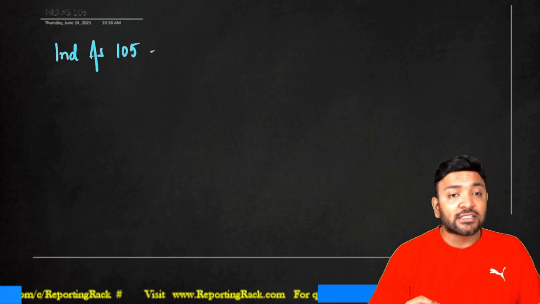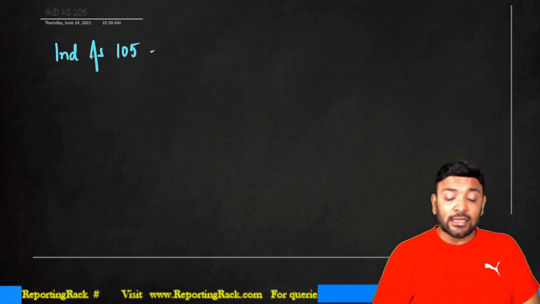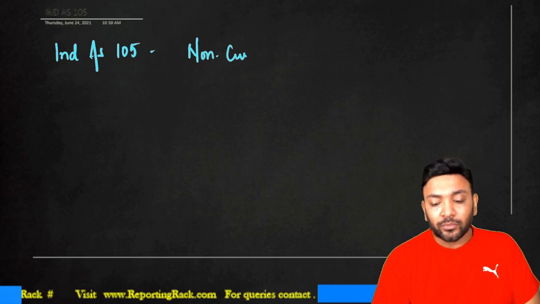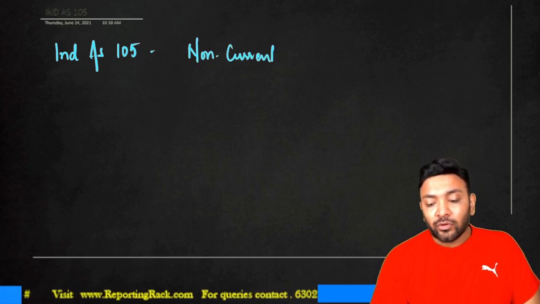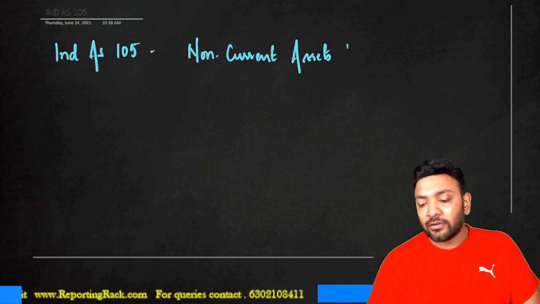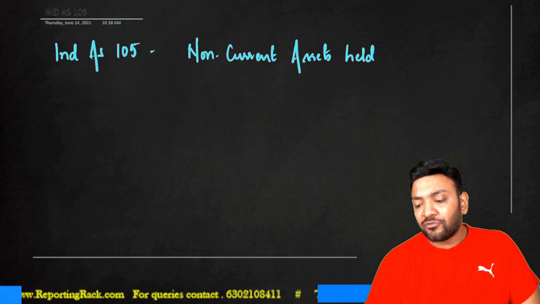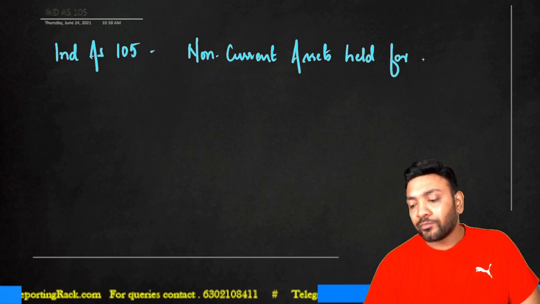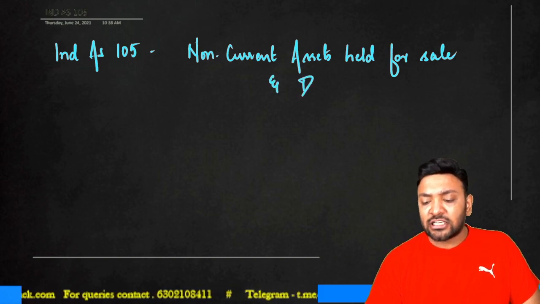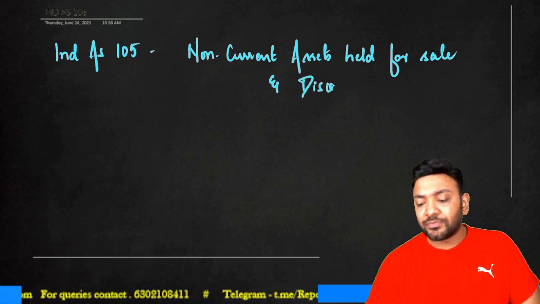Ind AS 105 deals with two parts. The first one, like I told you, is dealing with non-current assets held for sale and discontinued operations.